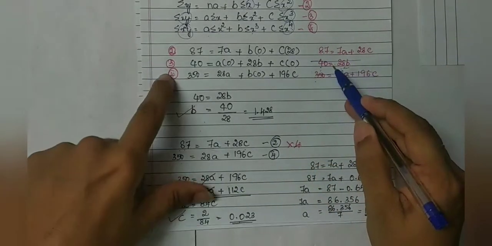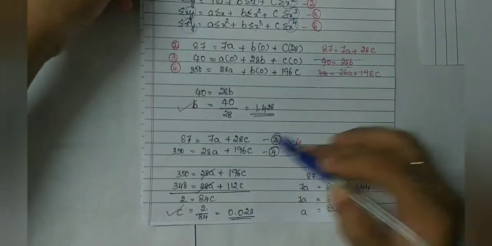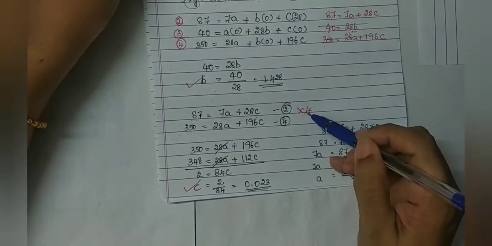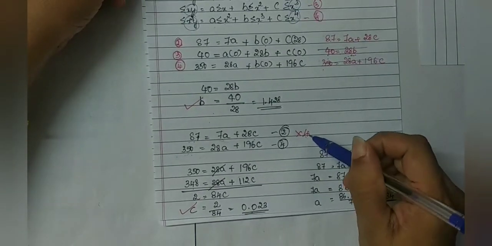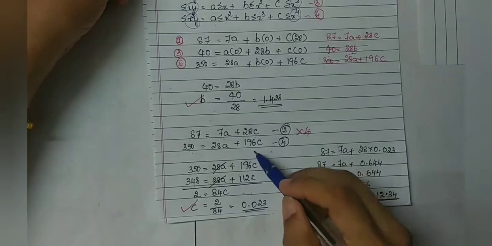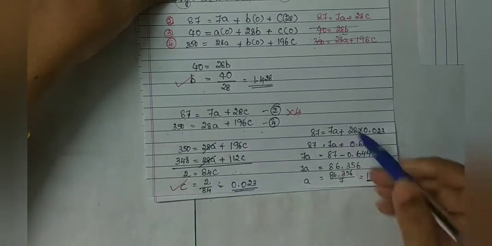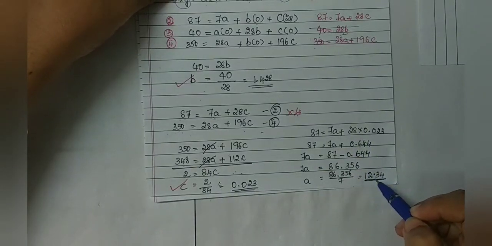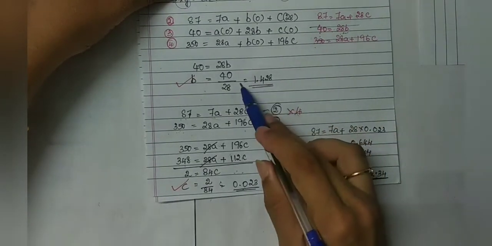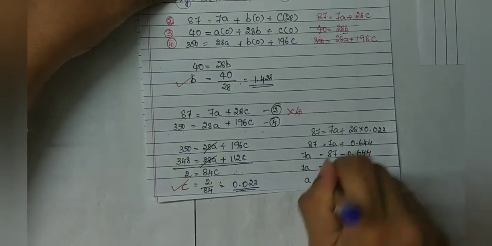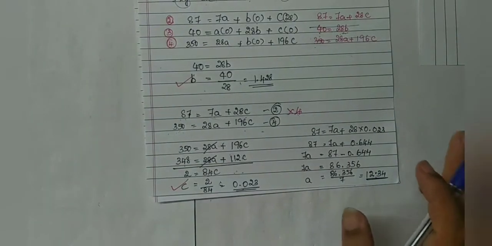First using the third equation you can find out the value of b, and then multiply the second equation with 4 and subtract the fourth equation, you will get the value of c. Next you will find out the value of a. So in all parabolic or quadratic trend problems, first you will get the value of b, then c, then a. For all the problems, follow this same method.